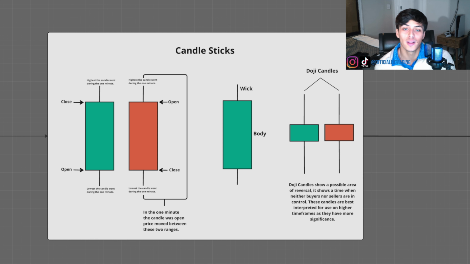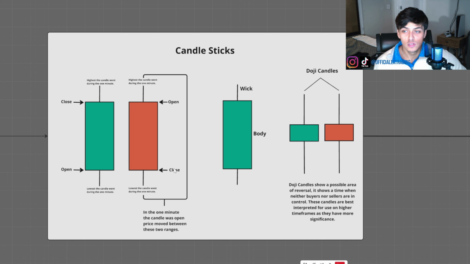So if you're on the 1 minute time frame, you're looking at candles that are composed of data compiled in 1 minute. If you're on the 1 hour time frame, you're looking at data of a candle composed during the 1 hour, right? So for this sake, let's just talk about these candles as 1 minute candles, right?